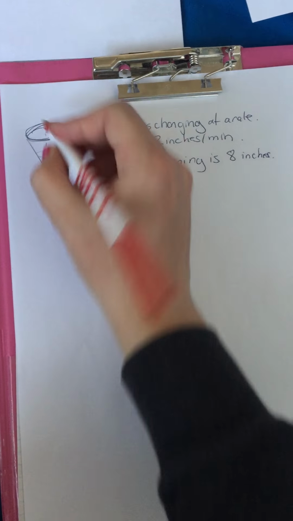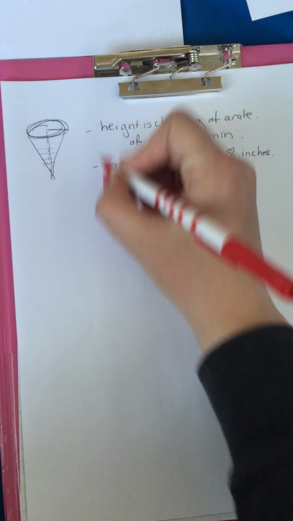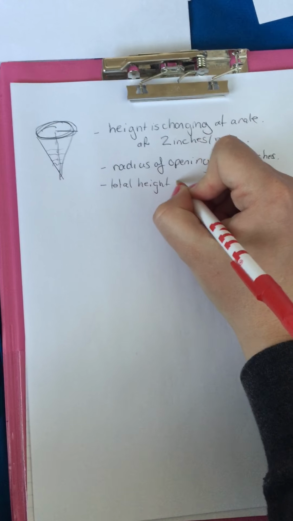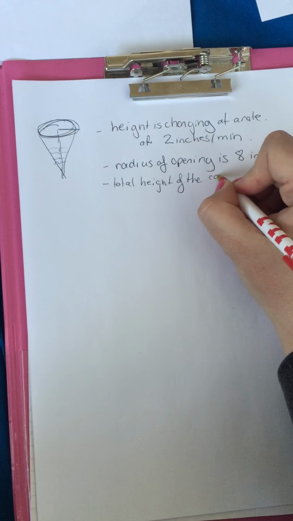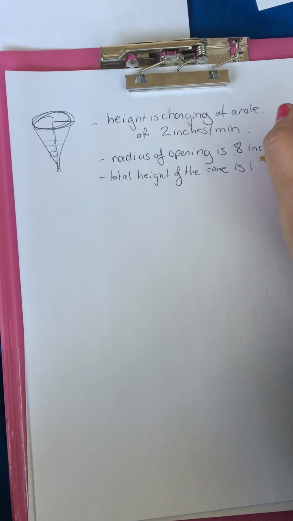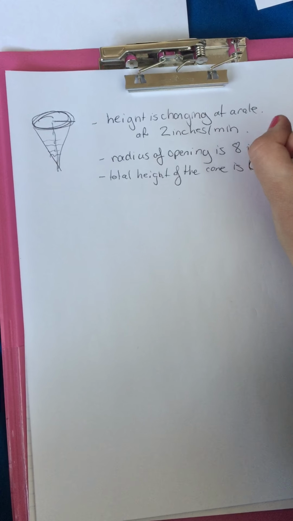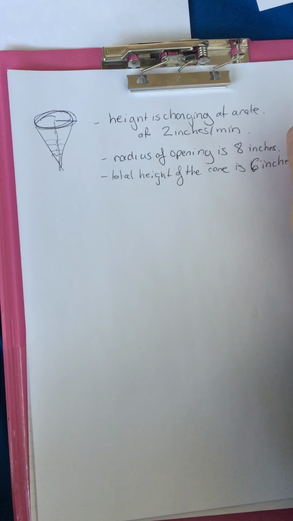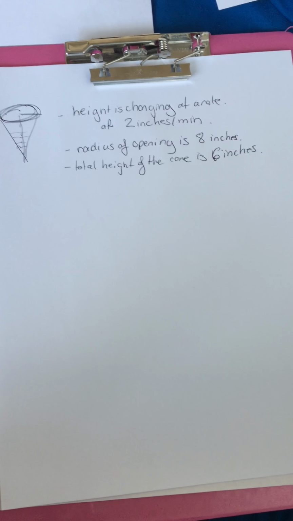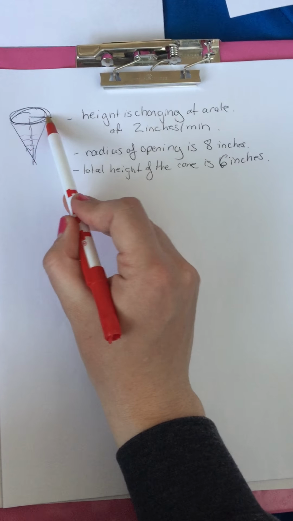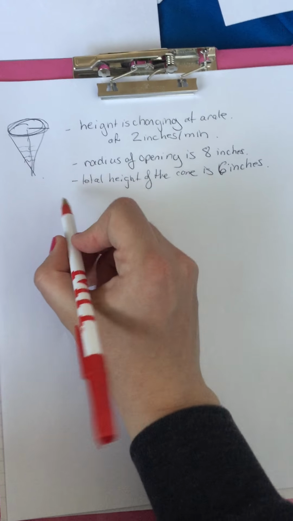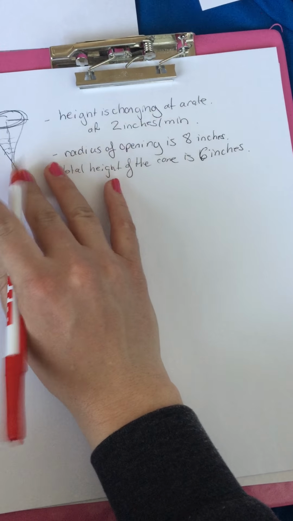Okay, and the total height of the cone is 6 inches. Okay, so you get 8 and we have 6. Okay, so now what we want to do, and that's it.